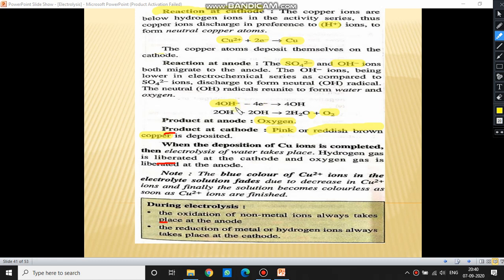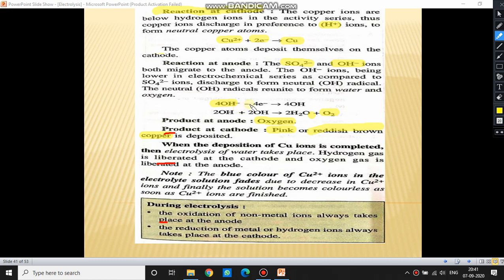If you work out with 1OH minus, 2OH minus, 3OH minus, then in our observation oxygen gas is not formed. So our product, that is our observation, that is our practical, matches with theory if we start with 4OH minus.